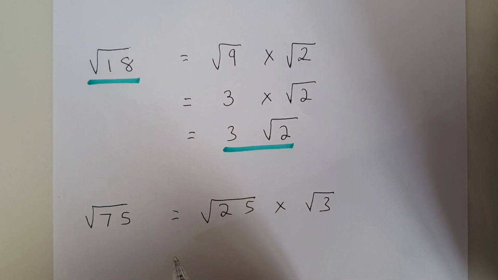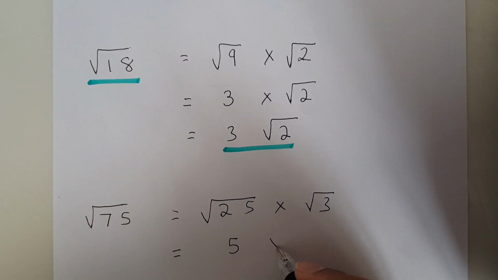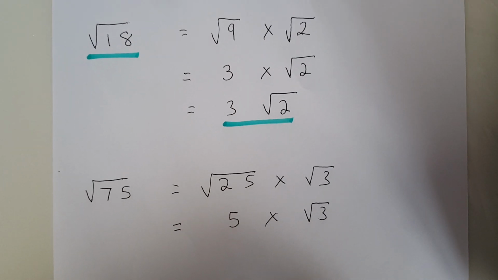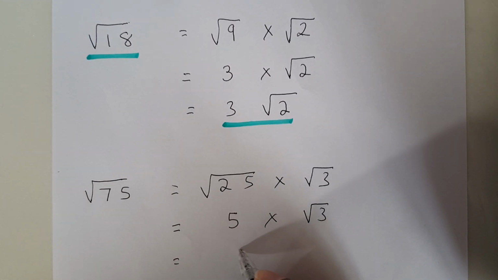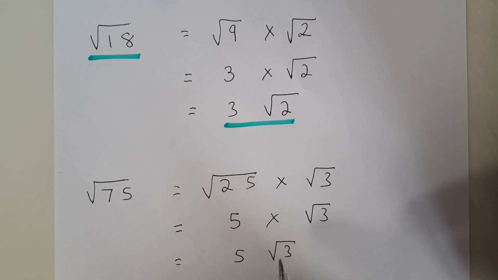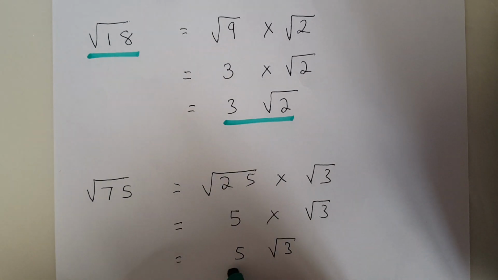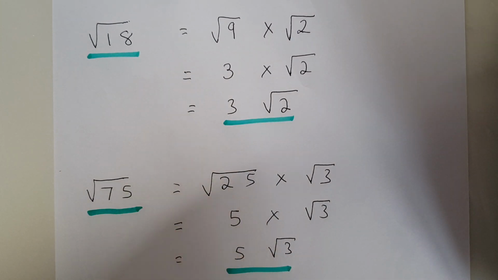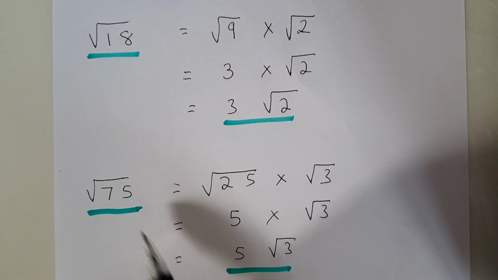If you square root 25, you get a whole number, which is 5, times square root of 3, which you can't square root to get a whole number. So your answer is 5 times square root 3. You've simplified square root of 75 to 5 square root 3.